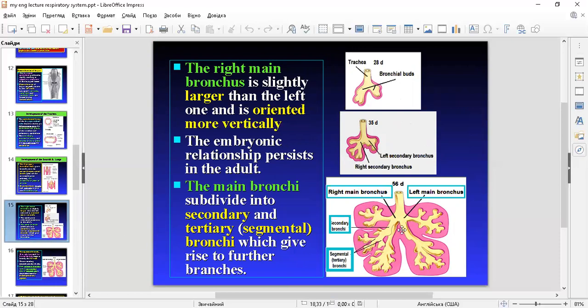The right main bronchus is slightly larger than the left one and is oriented more vertically. The embryonic relationship persists in the adult.